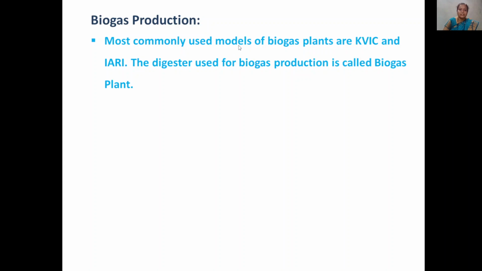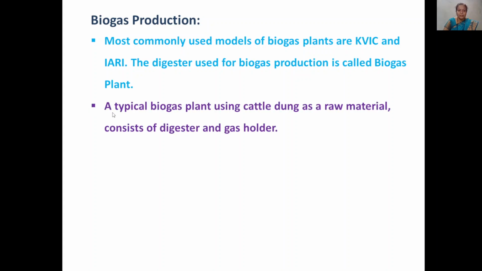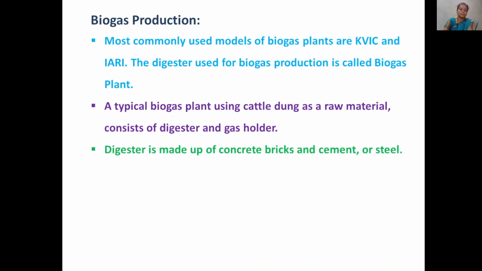Most commonly used models of biogas plants are KVIC and IARI. The digester used for biogas production is called a biogas plant. A typical biogas plant using cattle dung as a raw material consists of a digester and a gas holder.